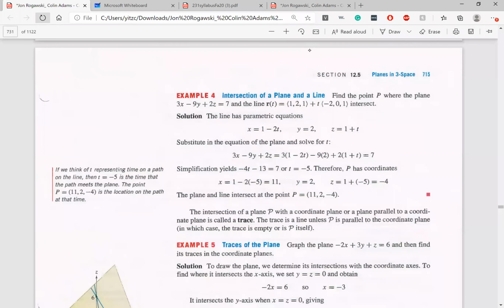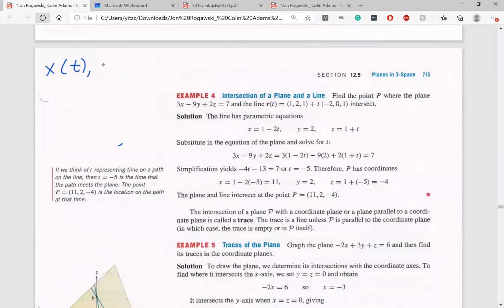The one thing you need to know in order to do this type of problem, the one thing you need to remember, is how to write x of t, y of t, and z of t for your line.